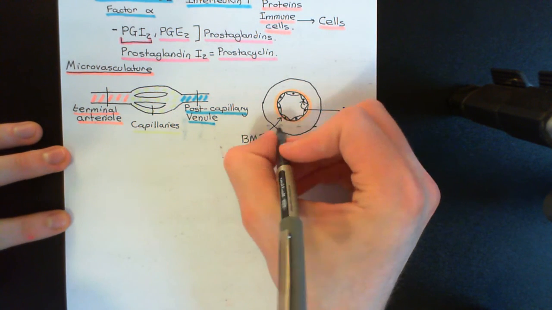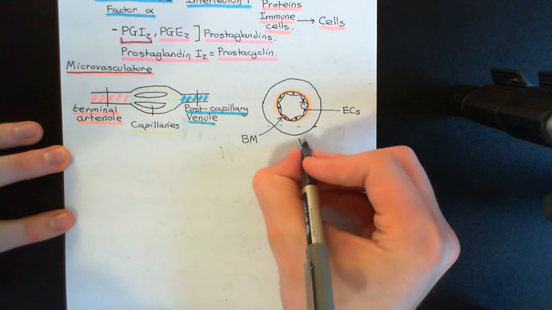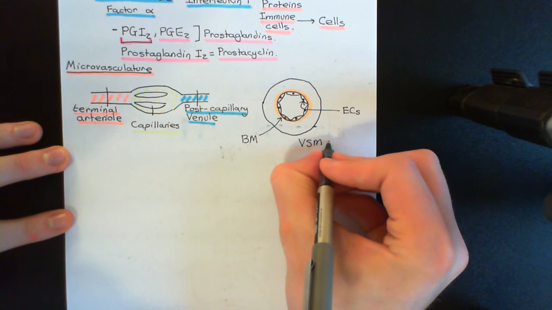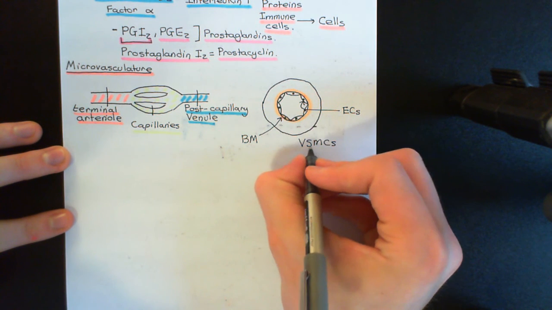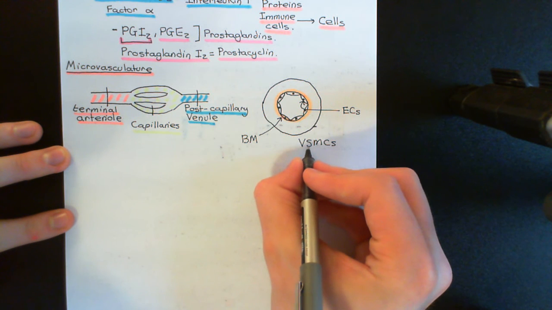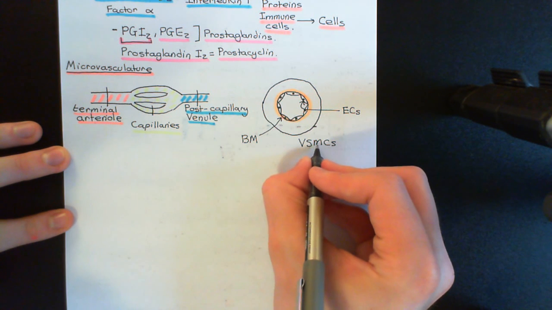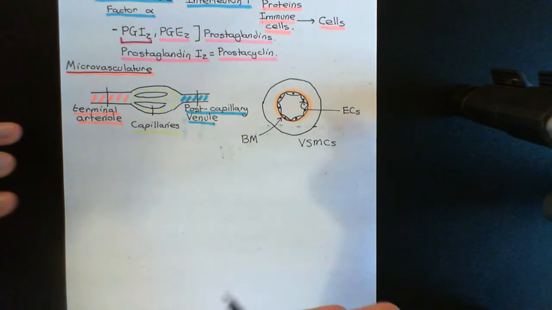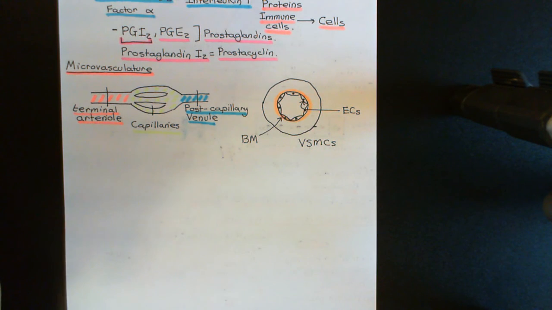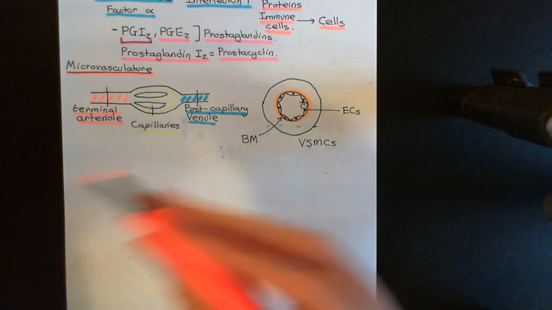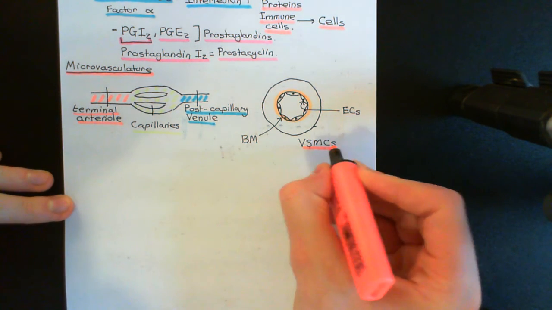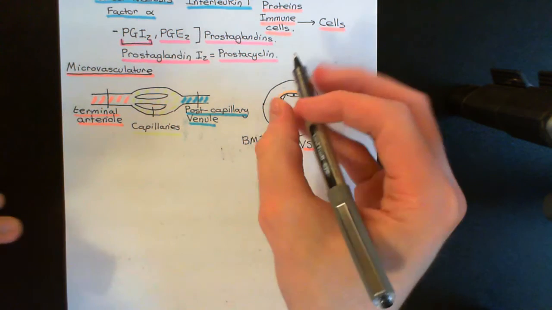So this now is a layer of vascular smooth muscle cells, and for short I'll abbreviate vascular smooth muscle cells down to VSMC. So this stands for vascular, S for smooth, M for muscle, and then C for cell, and then obviously the S just to make it plural. Okay, so this will consist of lots of vascular smooth muscle cells, which are spindle-shaped cells.